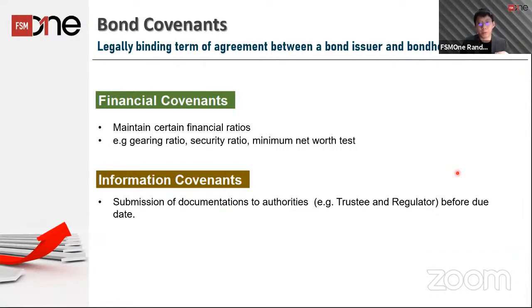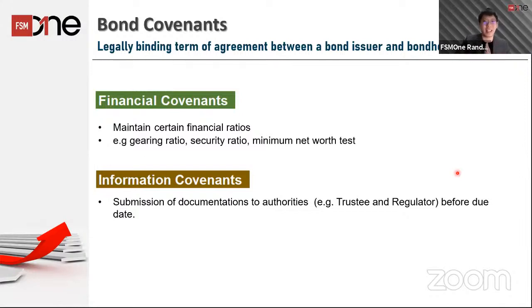Like I say, all these covenants are basically the terms that the issuer has to follow, and if they fail to do so, it will be considered a breach, like I mentioned all this while, and such violation will constitute a technical default. Take note of what I say here: this violation will be considered a technical default, not an actual default.